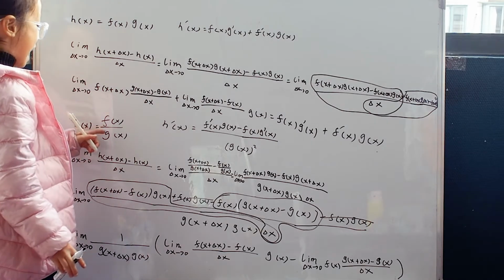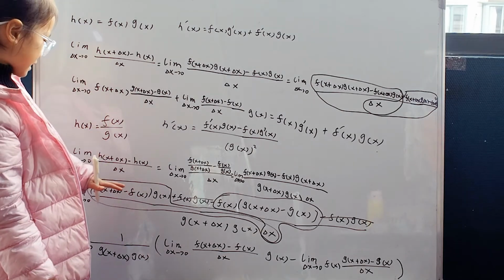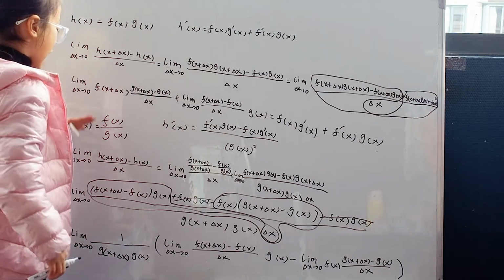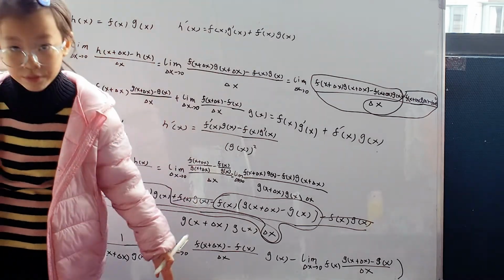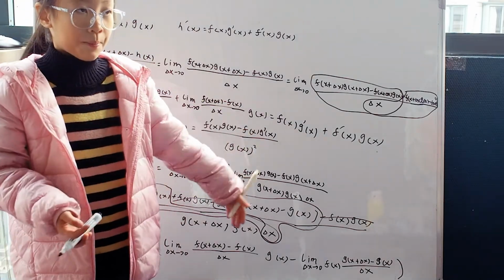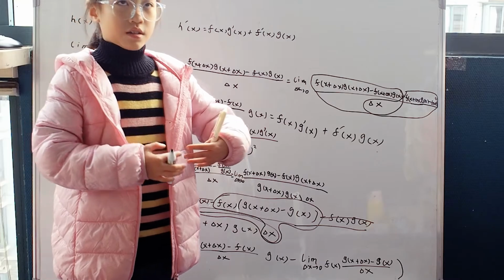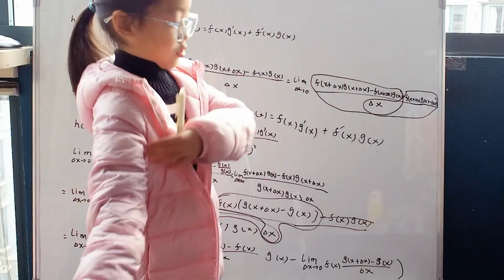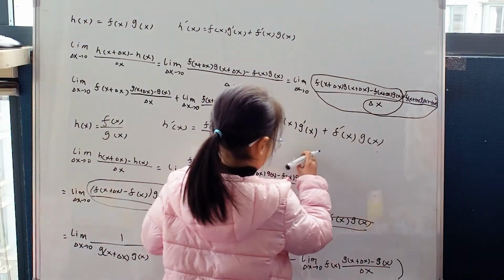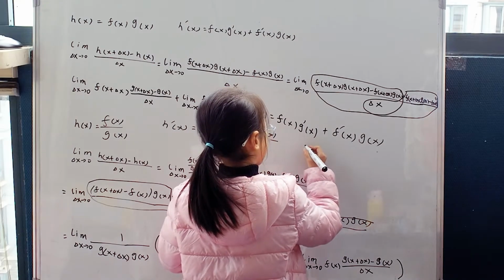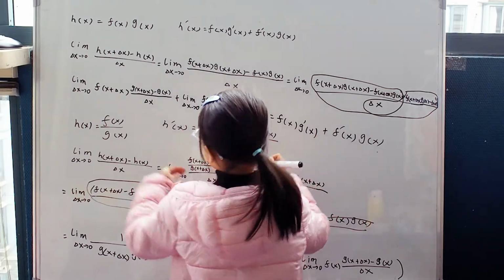You see f of x over g of x. It is equal to f of x times g of x to the negative 1. Of course, this negative 1 is just a power. It does not mean the inverse. Okay, let's use this one.